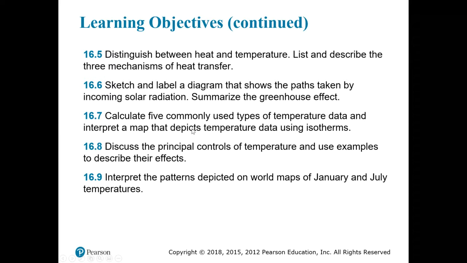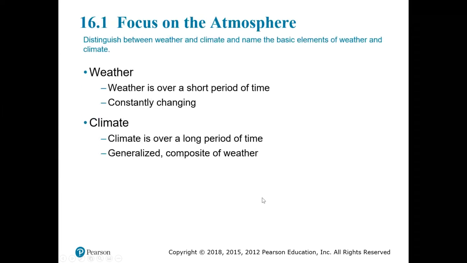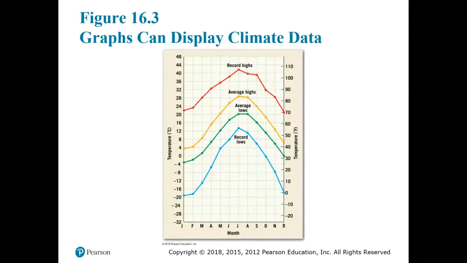Then you need to know the principal controls of temperature and use examples to describe their effects. For example, the equator gets the full belly of the sun. And you need to know how to interpret the patterns on world maps for July or January. So understand that weather is short-term, climate is long-term.